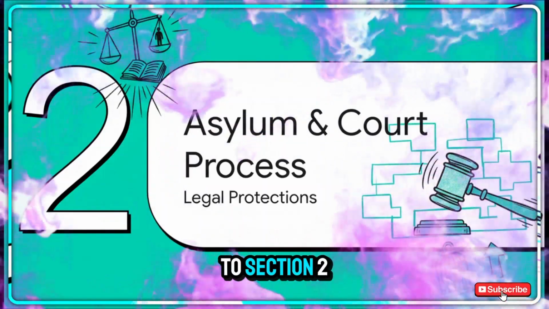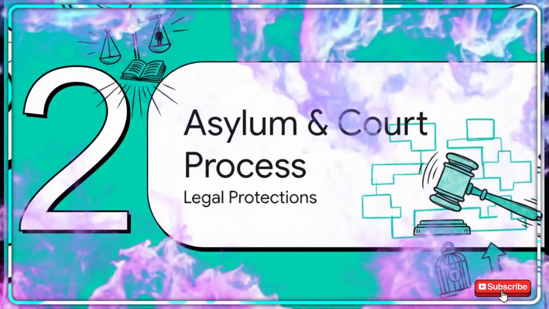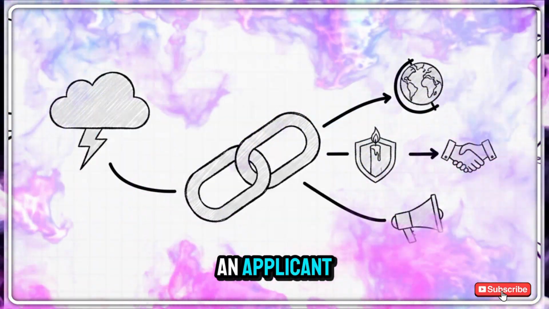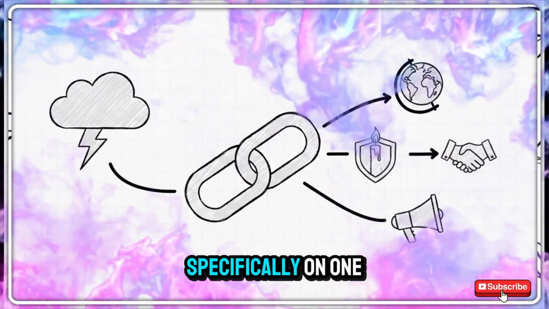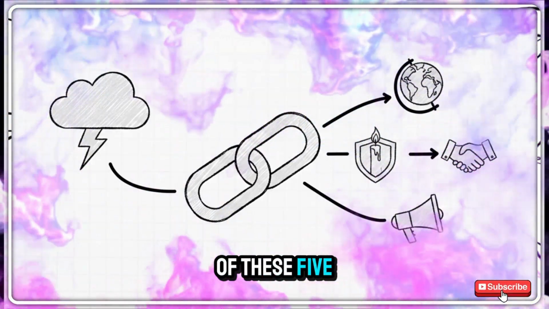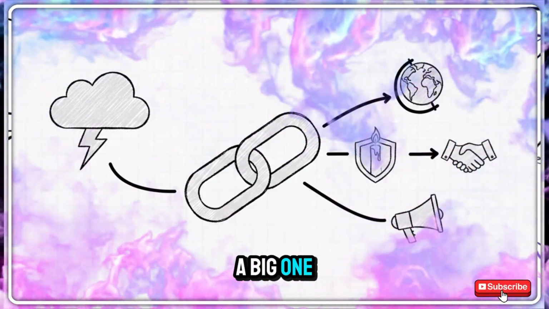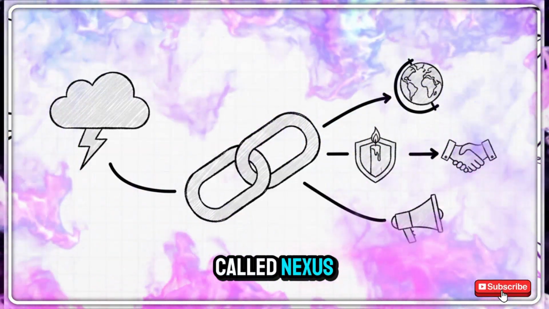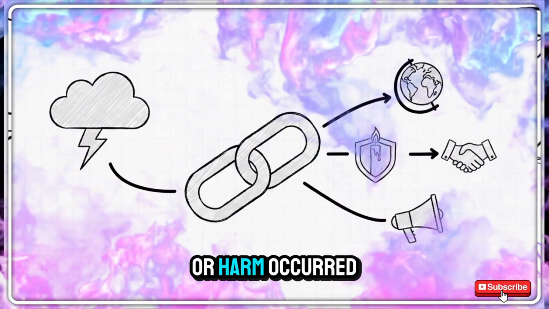Moving on to Section 2, the asylum and court process. Okay, so an applicant has to legally prove they suffered persecution based specifically on one of these 5 protected grounds. The analytical key here, and it's a big one, is a concept called nexus. It is not enough to simply prove that violence or harm occurred.